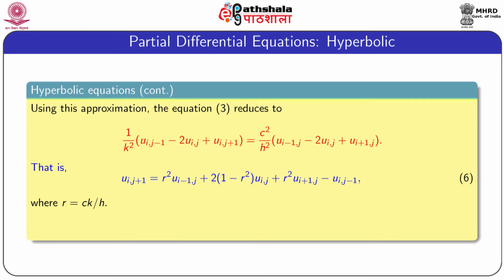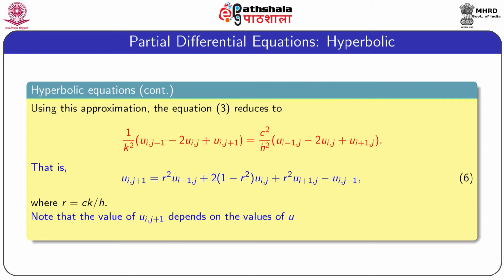The first three values appear at the same level j, and the last value appears in the lower level j minus 1. If these four values are known, then we can calculate the value of u at the mesh point (i, j plus 1). So, this is also an explicit formula to solve the hyperbolic equation.